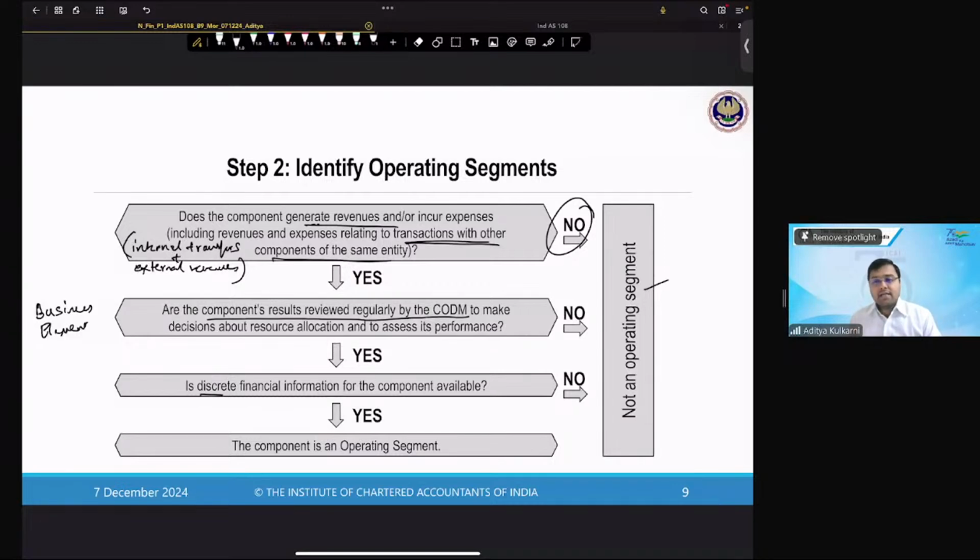So my question is, from the corporate office, can I generate discrete financial information on the sales? Answer is yes. On the cost? Answer is yes. On assets allocable, on assets identifiable to the components? Answer is yes. On liabilities identifiable? Answer could be yes or no.